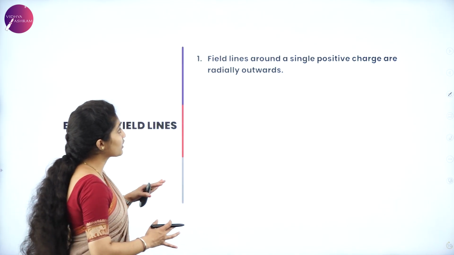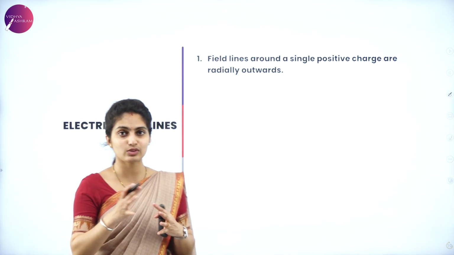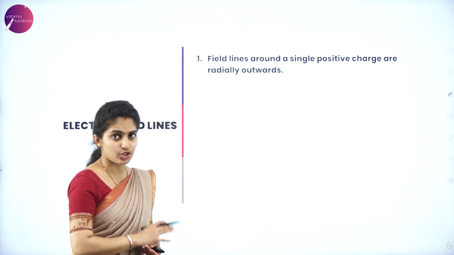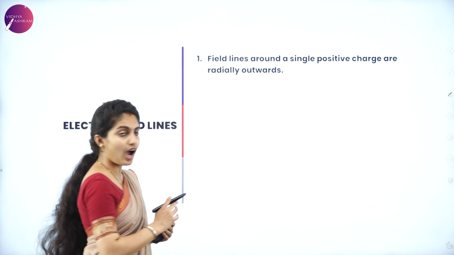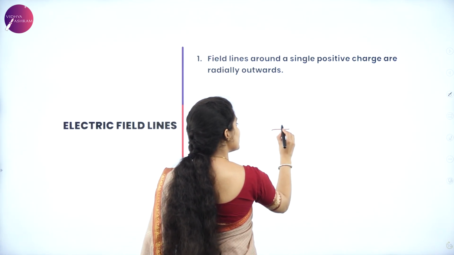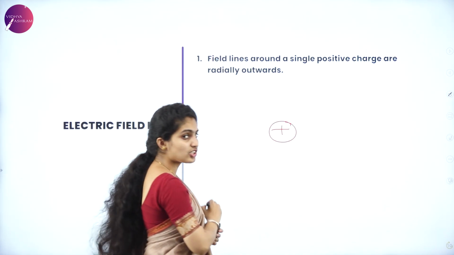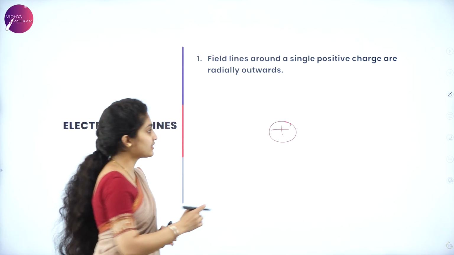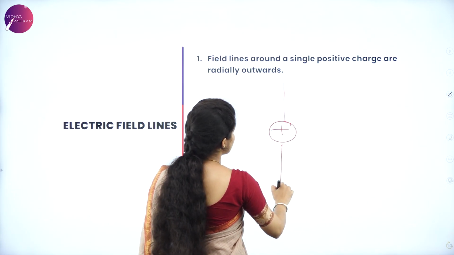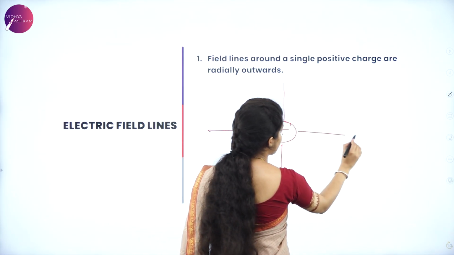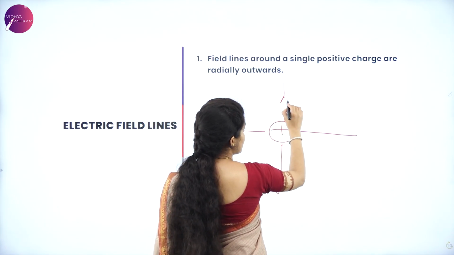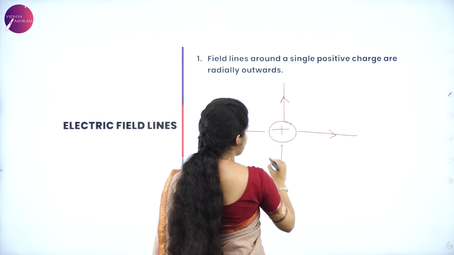And next it is the field lines. Let us represent the field lines around a single positive charge, which are said to be radially outwards. Suppose you consider a single positive charge, how is the representation of the electric field lines? If it is radially outwards, that means they point outwards from the charge.